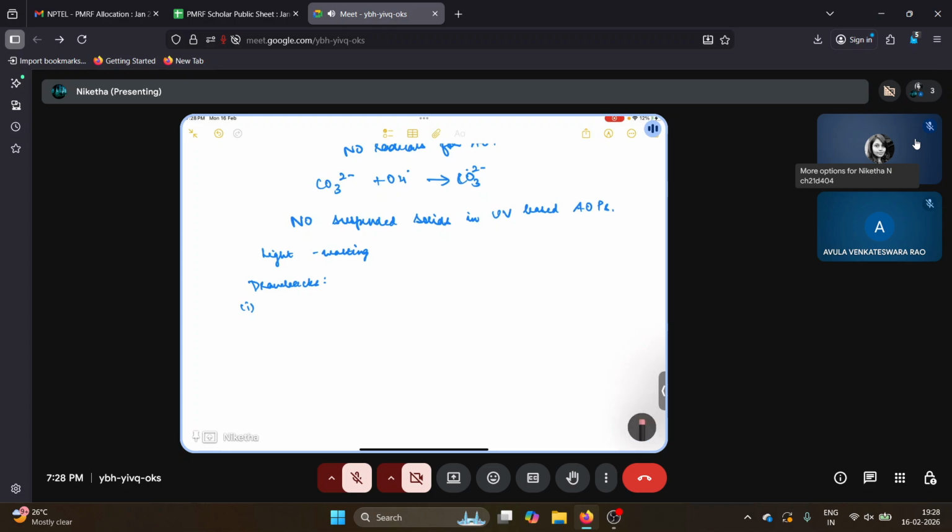So we need a high operational cost. There are two types of costs when it comes to any process. One is the operational cost, and the second one is the capital cost. Capital cost is the cost for establishing something.